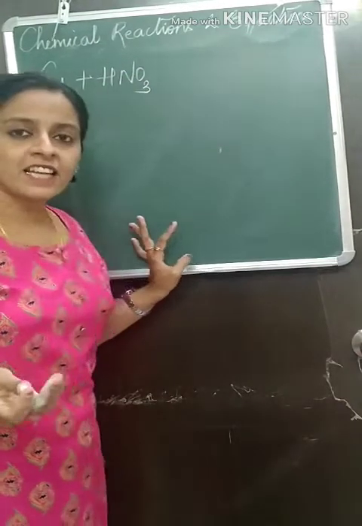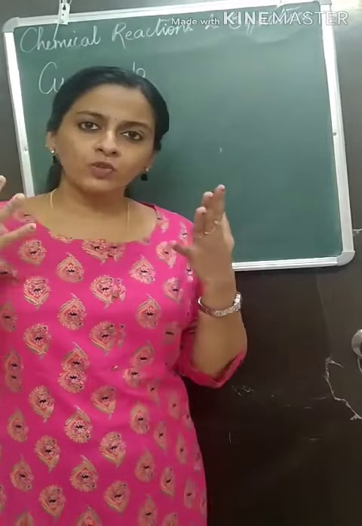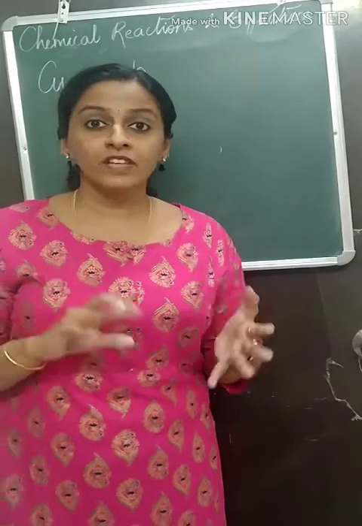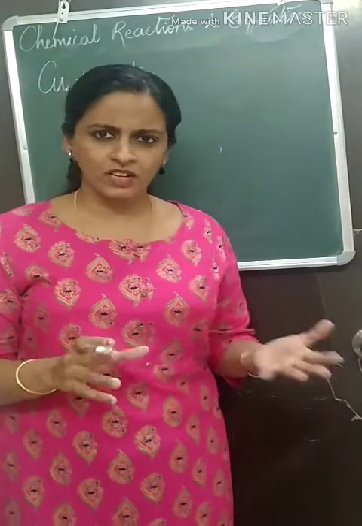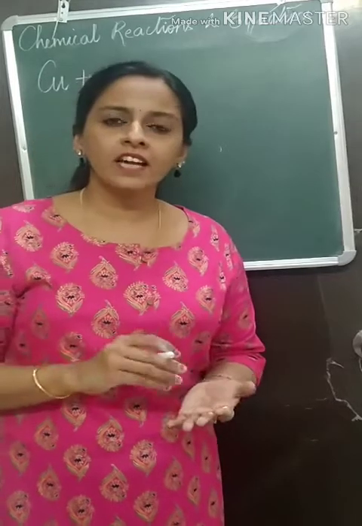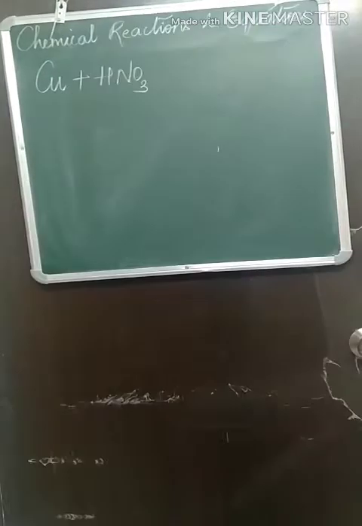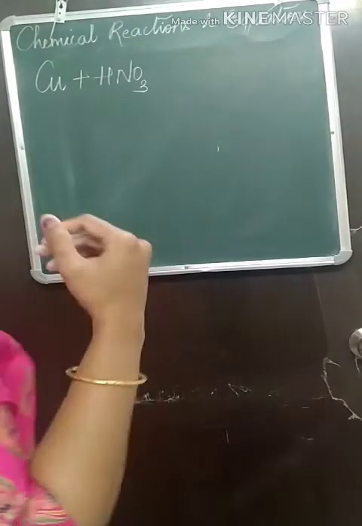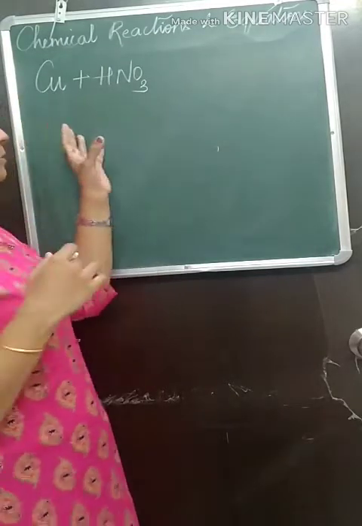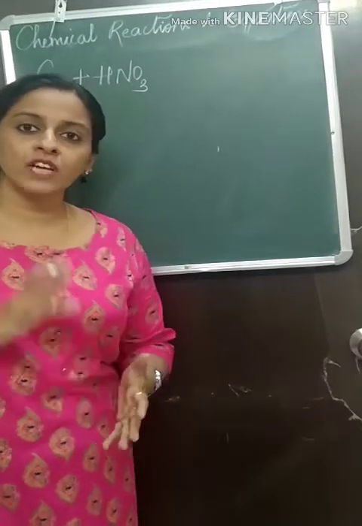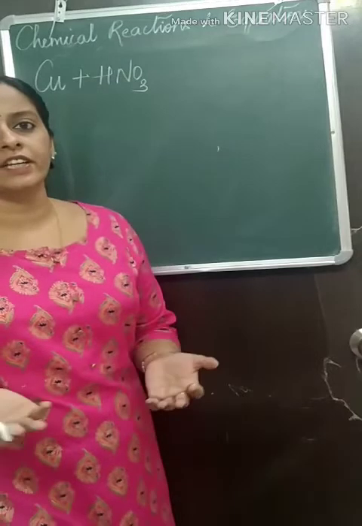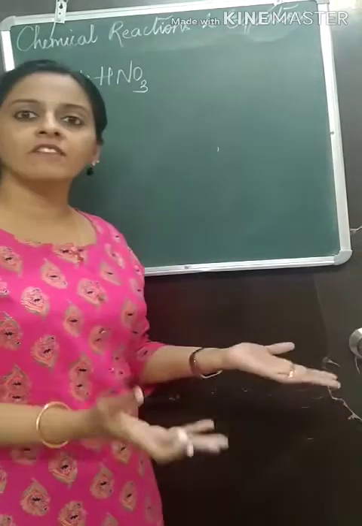Now nitric acid, if you are using the concentrated form without water content, that is called concentrated form. Same nitric acid, if you are diluting it in water, this copper plus nitric acid, if you are using dilute form or concentrated form, the products given are different.